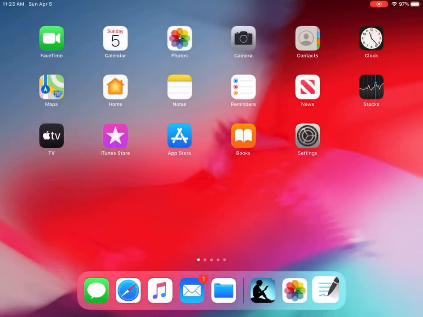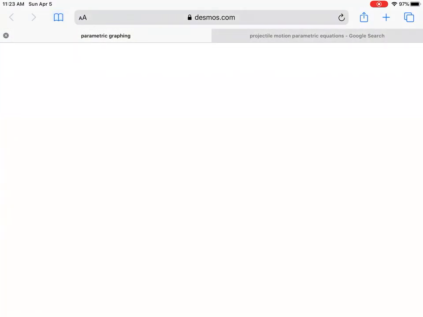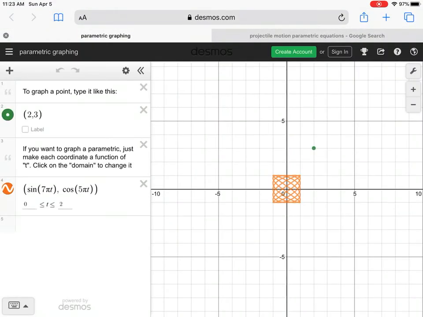All right, so if you go into Desmos and type in parametric graphing, then, oh darn, it went away. Hang on. All right, well, let me go back to that again because I just lost what I wanted.